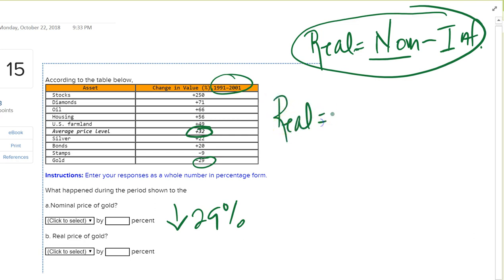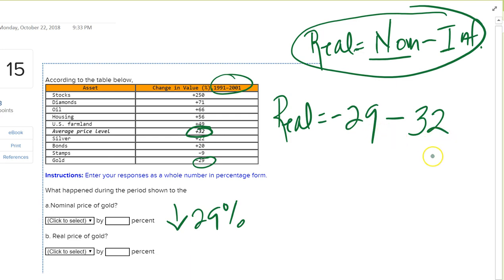We know the nominal is negative 29 minus the inflation rate. And we said that the average price level is the inflation rate. So the average price level is 32%. So our inflation rate is a positive 32. So we're going to say minus 32%. So for gold, they experienced a negative 29.